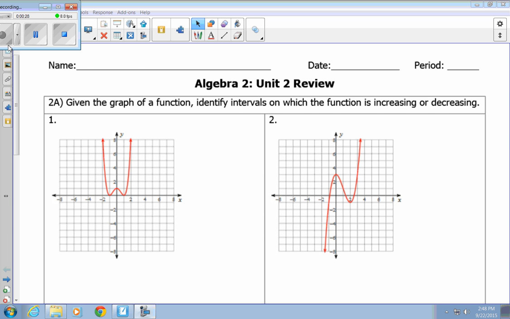So let's get started. For the first 2A, we need to identify the intervals that are increasing or decreasing. First I want to go from left to right and just figure out what's decreasing and increasing.